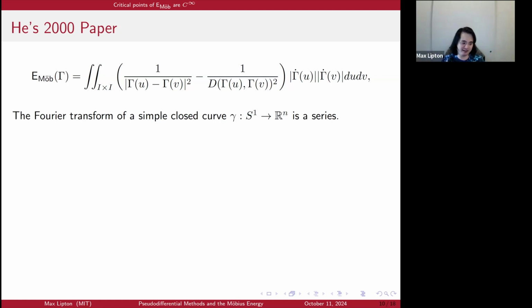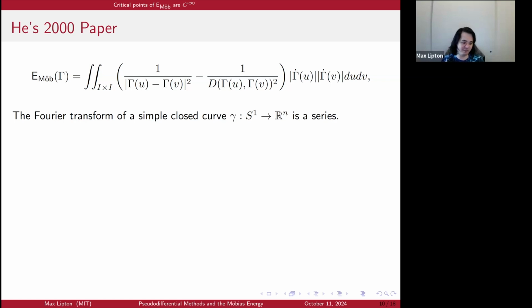And so what that means is that in order for the Mobius energy to be finite to begin with, you can't have that sort of kink occur in your curve.